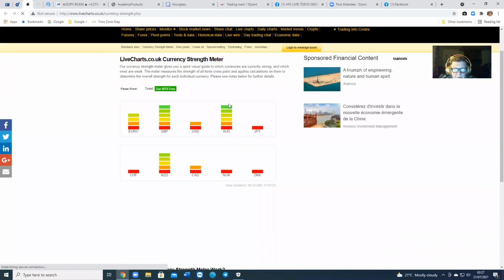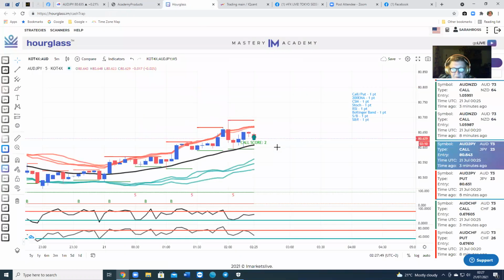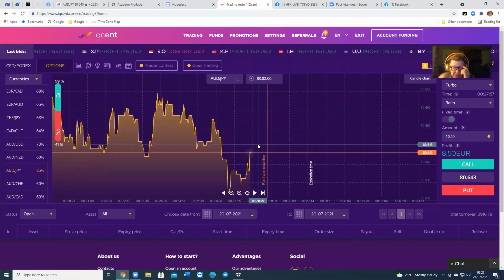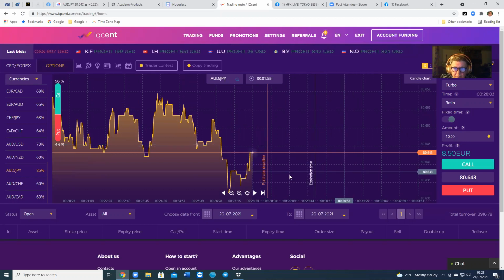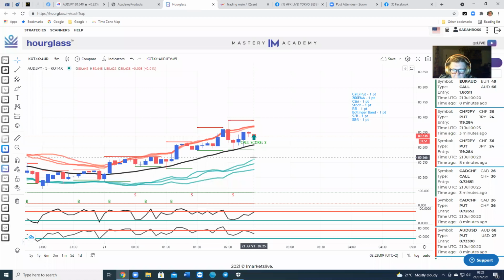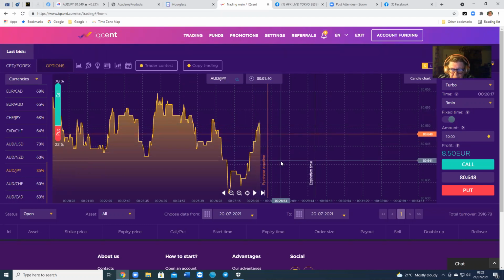And you can see Japanese yen has weakened, Australian dollar 6 bars there, hourglass down at 629, the broker's at 638, so that means we have got a price difference of 9. So you need to be wary of that, because your trade is going to be won or lost on the broker, not on the hourglass or anything else. 641, 651, so the difference of 10.